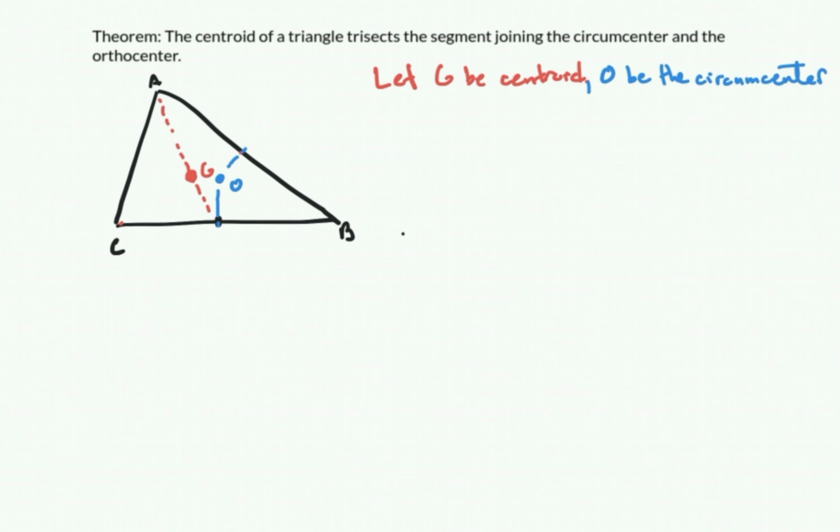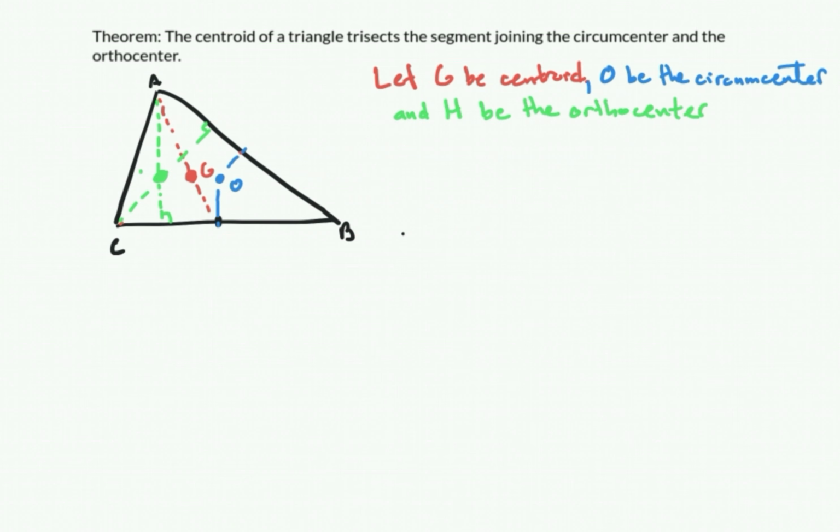And then remember, the orthocenter comes from the altitudes, where we drop this straight down here and get that, and then do the same over here. Okay, and let's call that H.